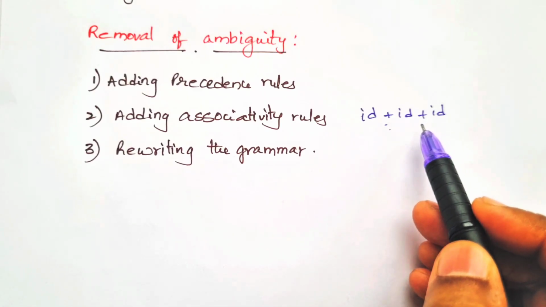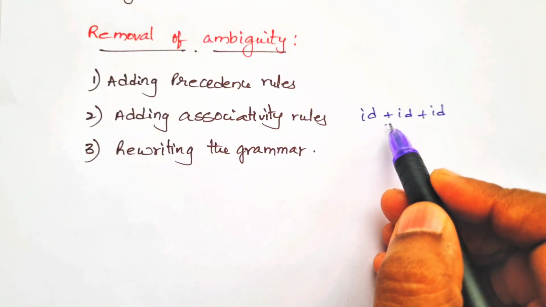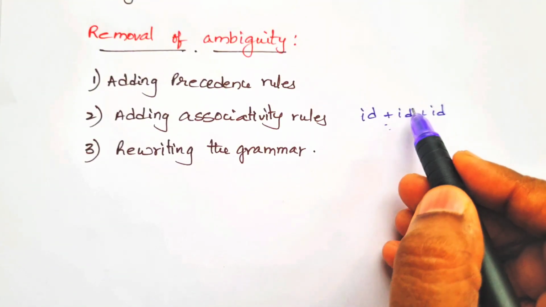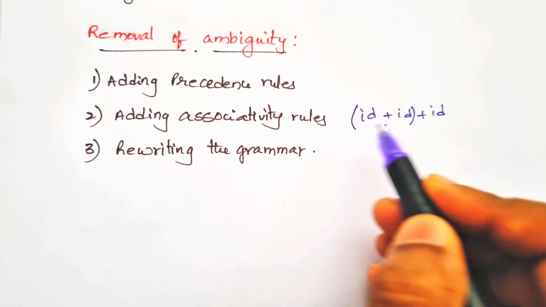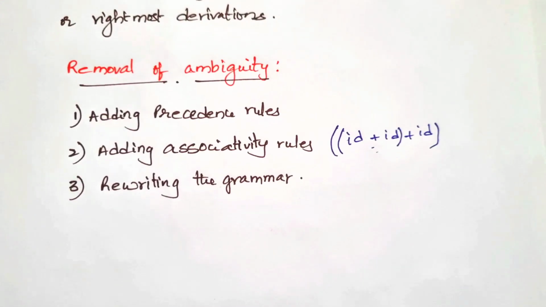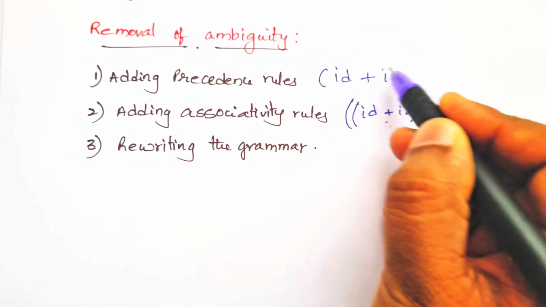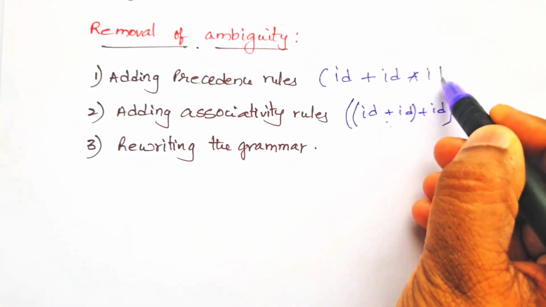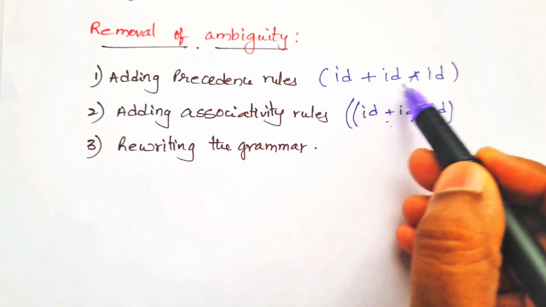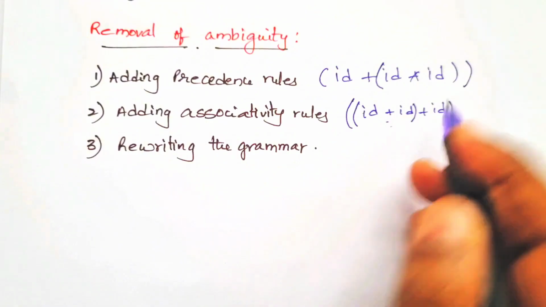But to have clarity, in most languages plus is considered left associative. Means the first left plus is performed and then the second plus is performed. Into precedence, in this you have to perform star first and then plus next.